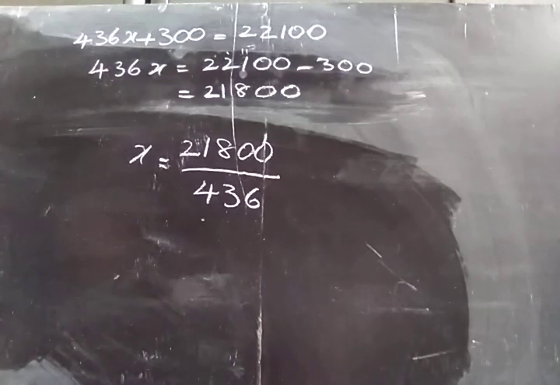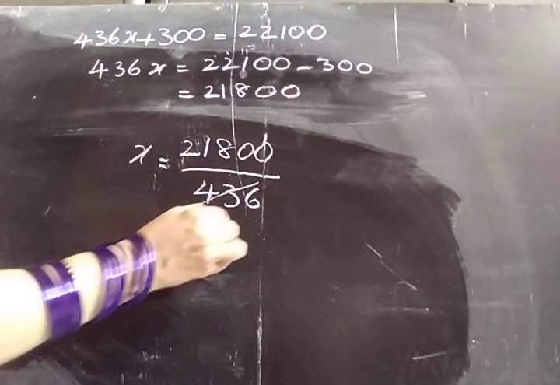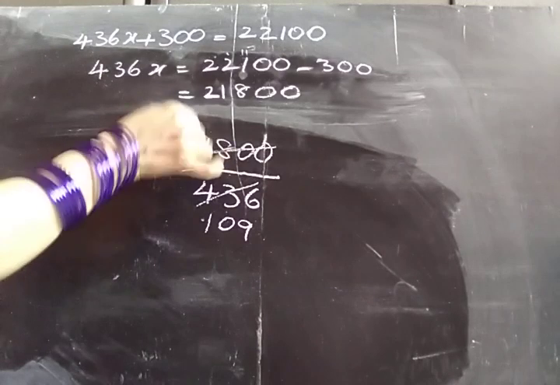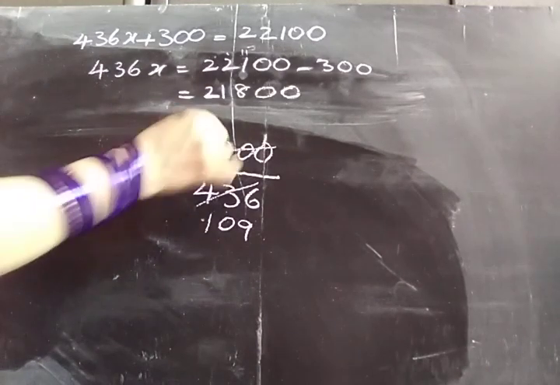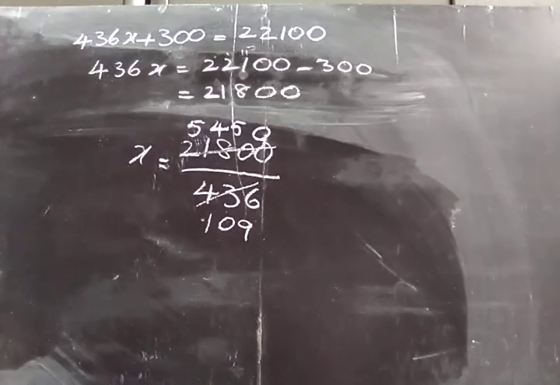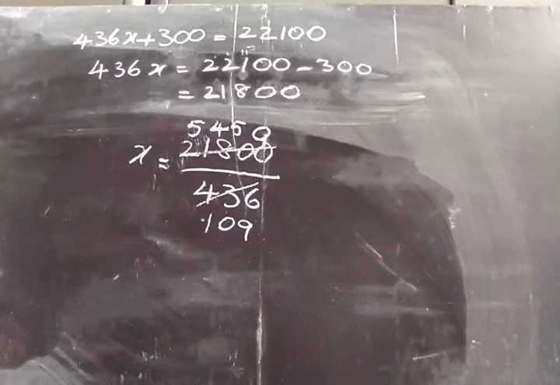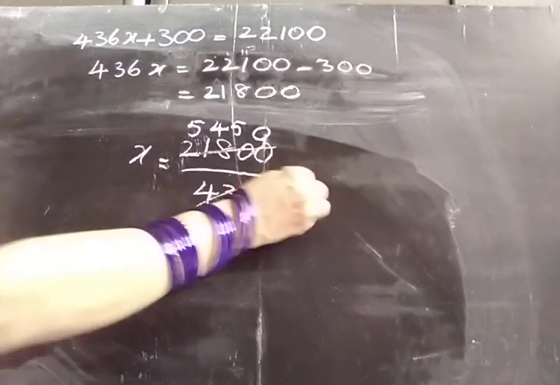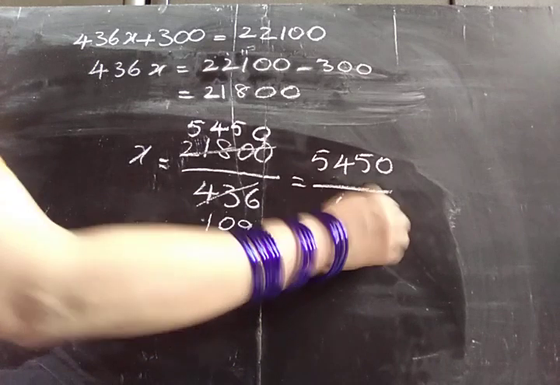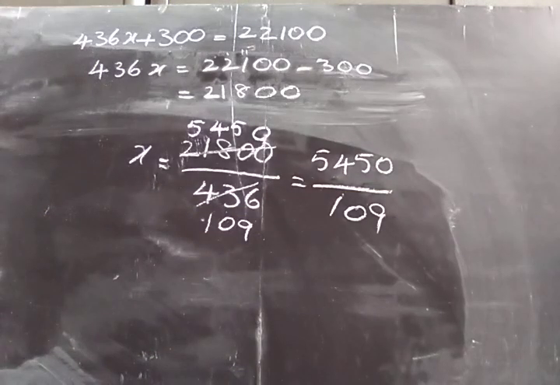You can divide by 4. 4 ones, 0, 4 nines. 4 fives, 20, 18. 4 fours are 16, 4 fives, 20, 0. That's all. 5,450 by 109. That is the answer, the x value.